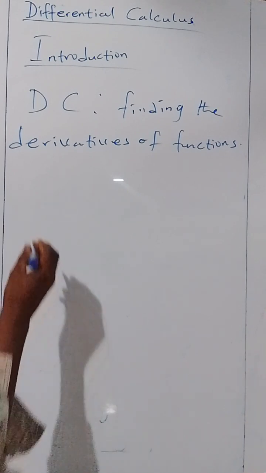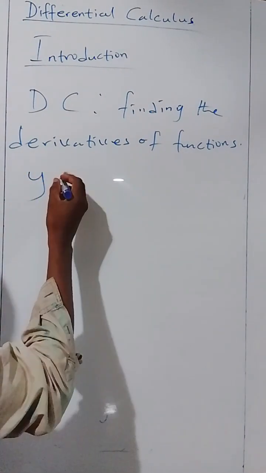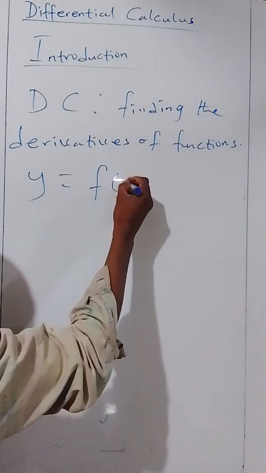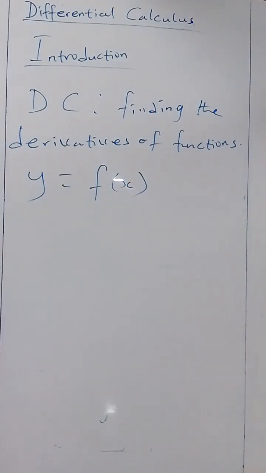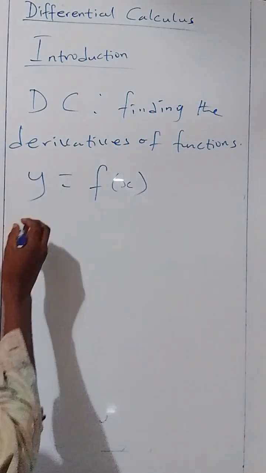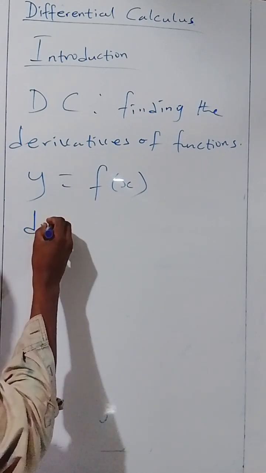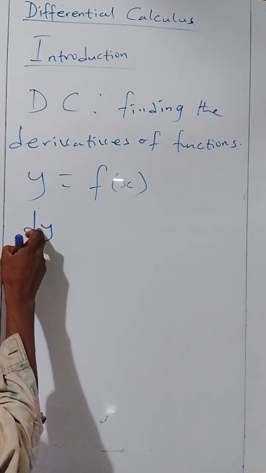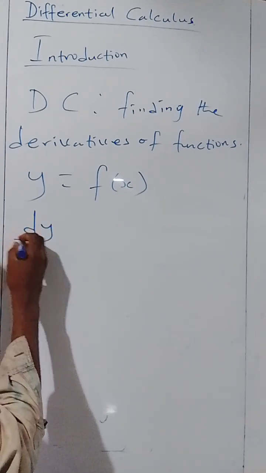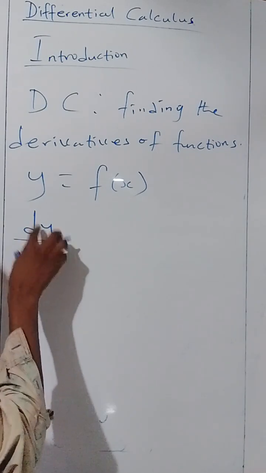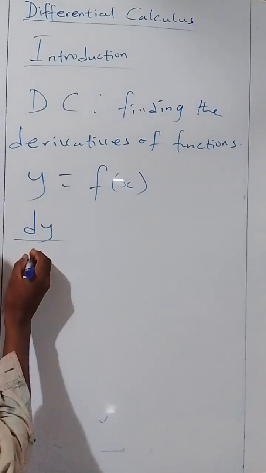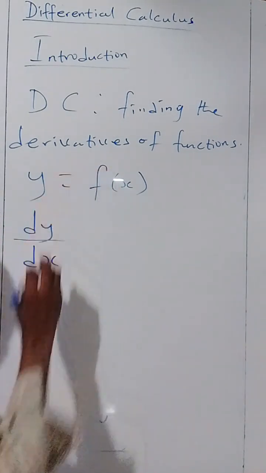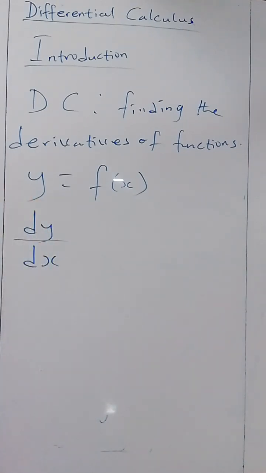For example, let's say we have y is a function of x. Derivatives are about by how much, that is, the magnitude of change in y when x changes by a unit.